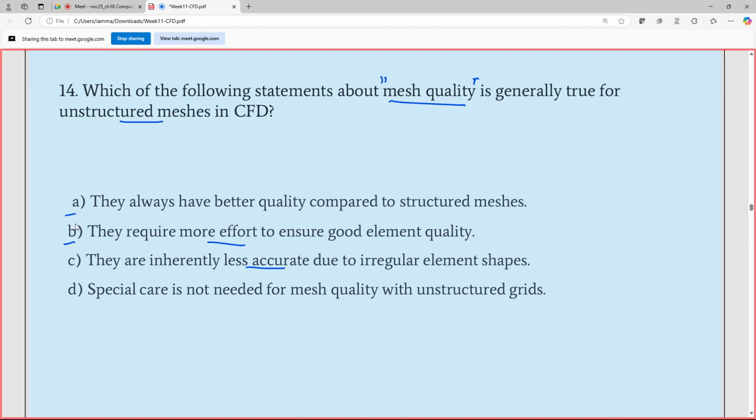Our answer is option B, that is, they require more effort to ensure good element quality.